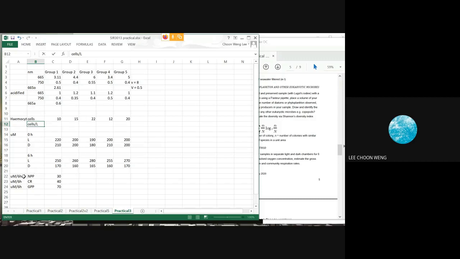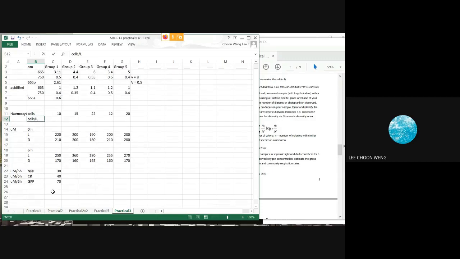Then your activity, whether it's NPP or GPP. Then carry out the correlation analysis among all the variables that you have and discuss.